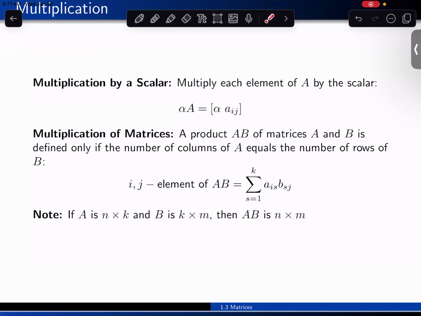And then if you multiply two matrices A and B with one another, the product matrix AB is going to be an N by M matrix. You take the number of rows in your first matrix and the number of columns in your second, and that will determine the size of your new matrix A times B. So it's going to be N by M now. The N comes from here, the M comes from here. That's going to be important. It's a good way of checking to see if what you're doing is correct, right?